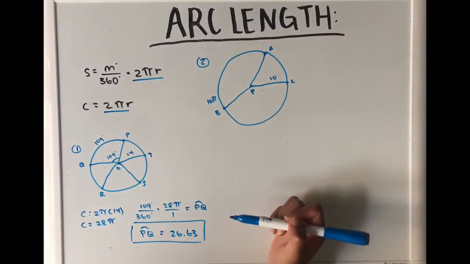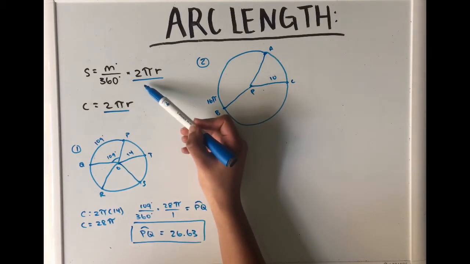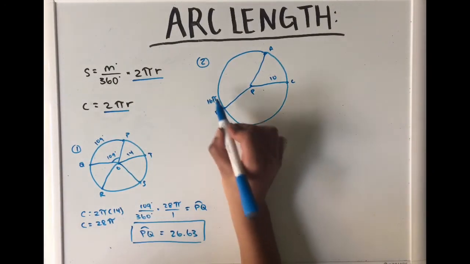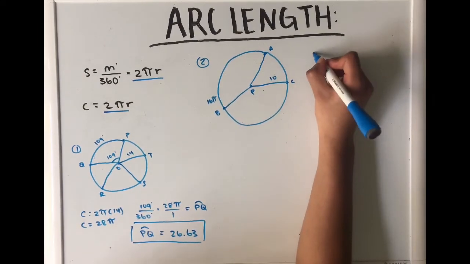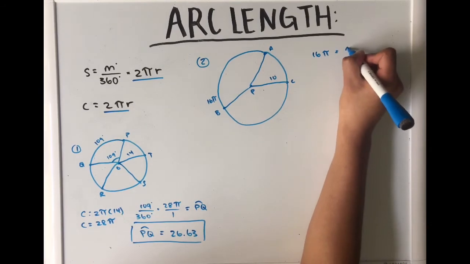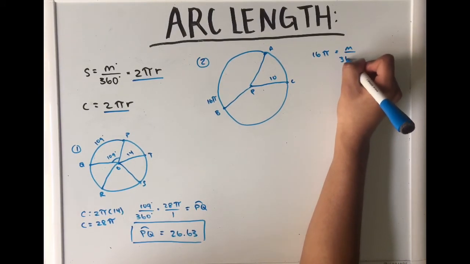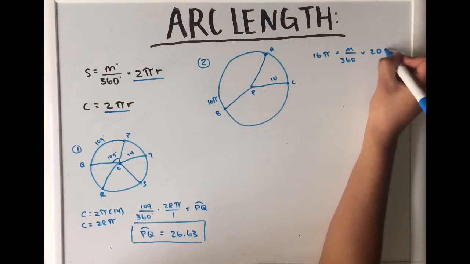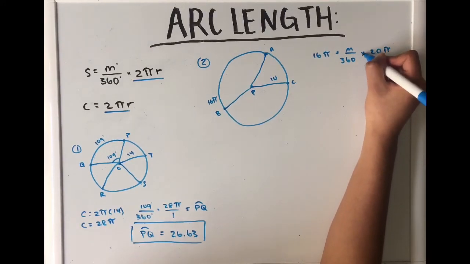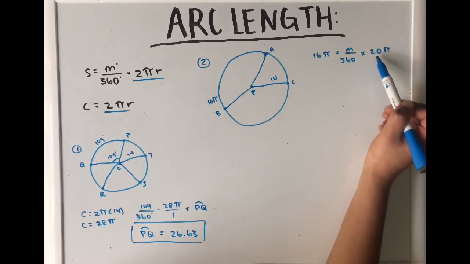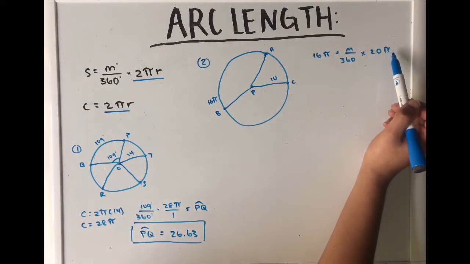So to do this, we can use this above equation and plug in what we know. So S is 16 pi. We're going to have 16 pi being equal to m over 360 multiplied by 20 pi, because 20 pi would be the circumference of this.